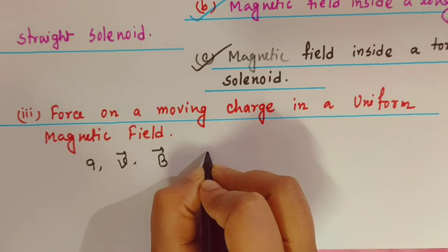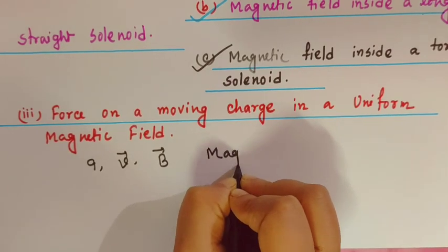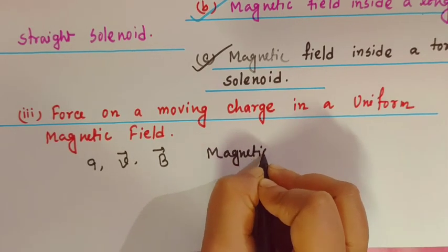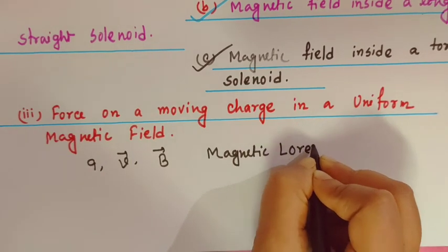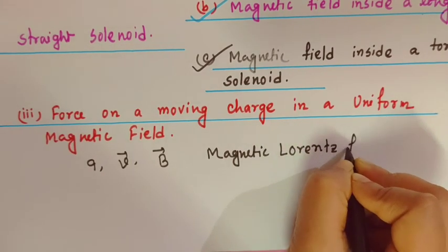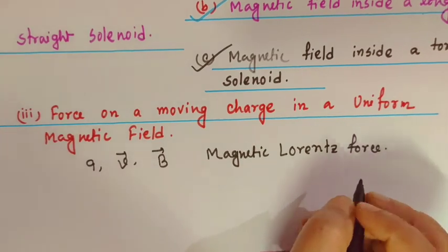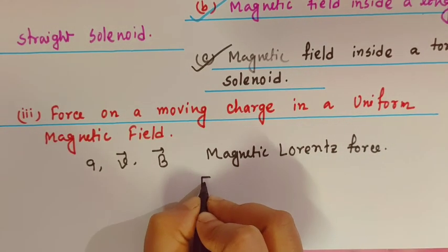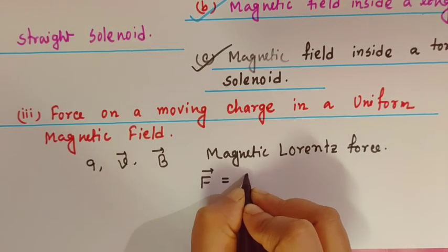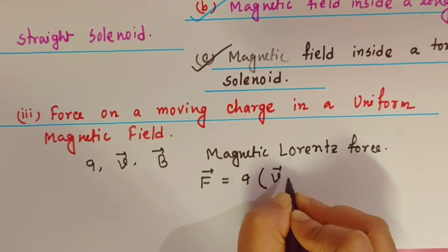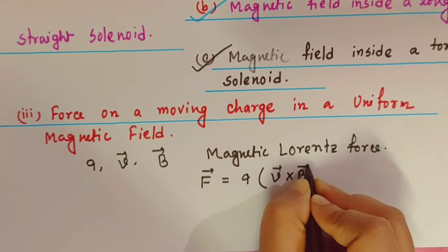So what is the name of this force? Magnetic Lorentz force. And this force is given by F is equal to Q into V cross B.